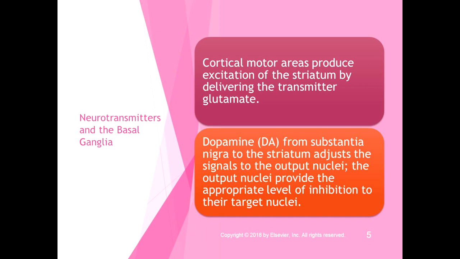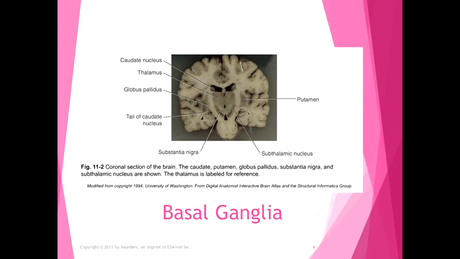And it adjusts signals from the output nuclei, and the output nuclei provide the appropriate level of inhibition to their target nuclei. So you can think of the basal ganglia as being a sort of control point, if that makes sense. So it's inhibiting motor actions. It's inhibiting other actions. I'm going to talk more about that.